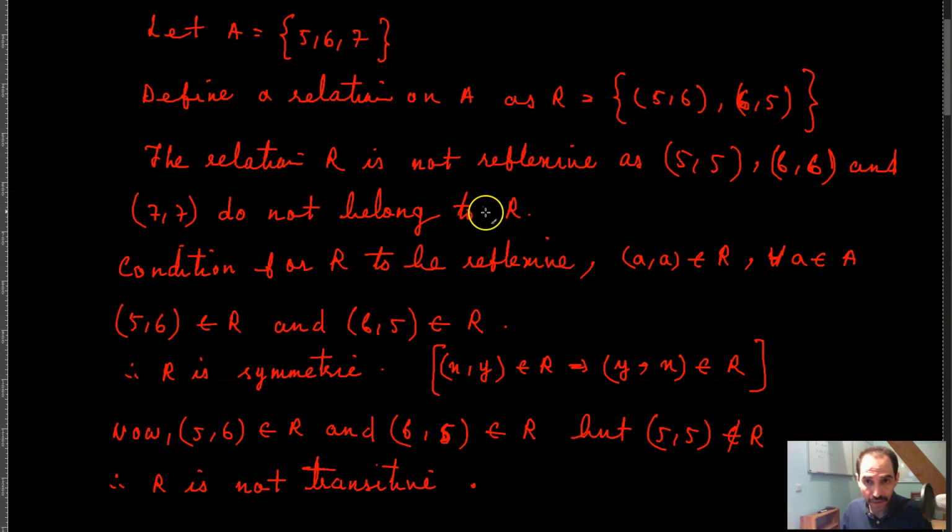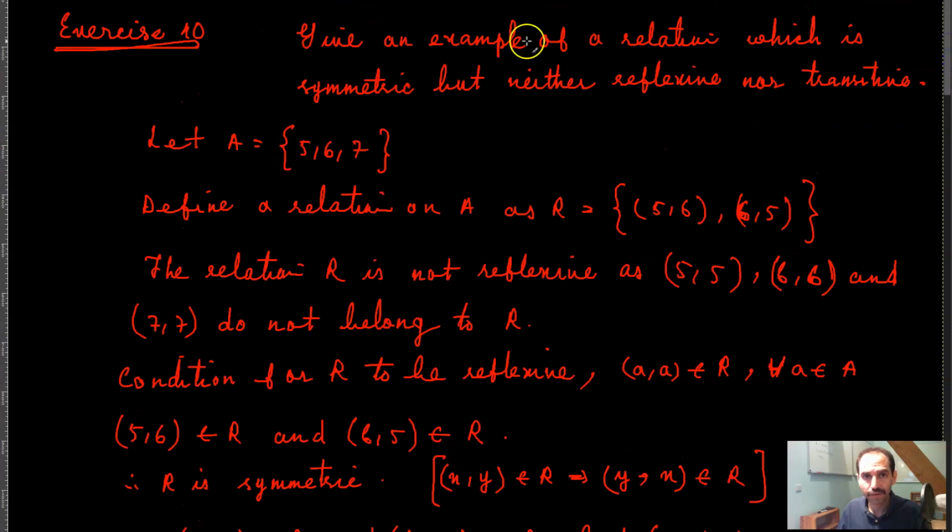So that's basically one example, the question over here: R is symmetric but neither reflexive nor transitive.